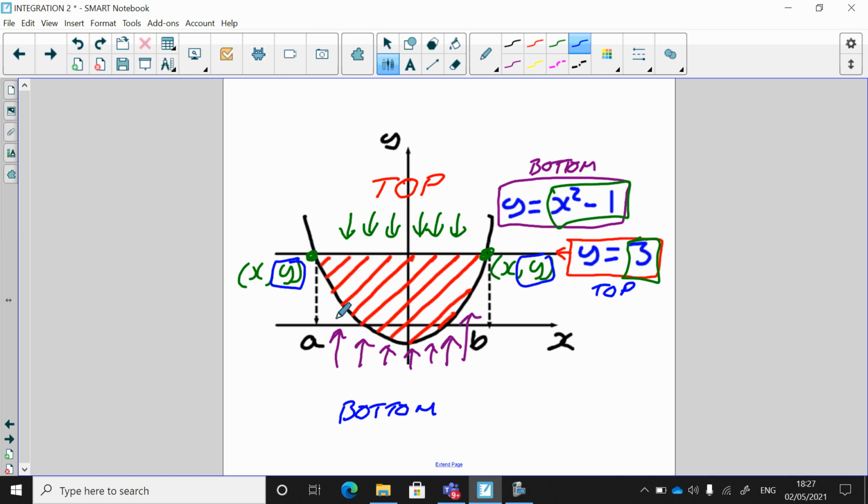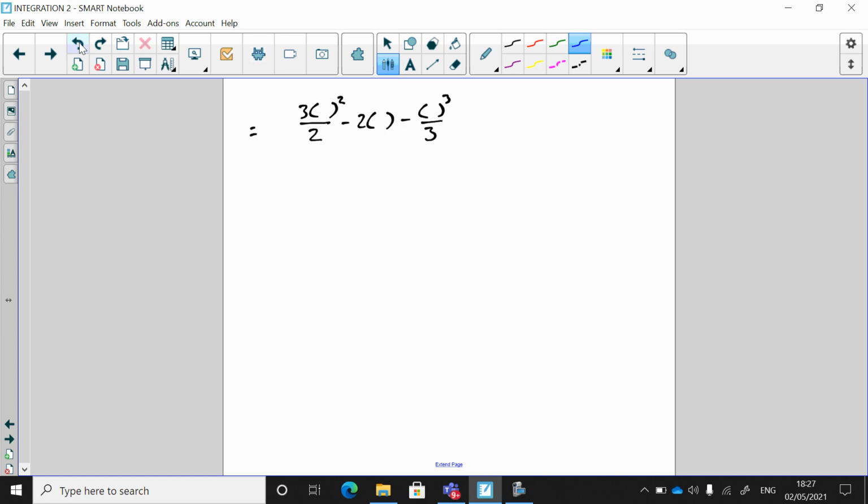That is why they are equal to each other, because the heights are the same. Too much going on here. So they are the same. That's why we're making x squared take away 1 equal to 3. Right. Oh, I've lost the plot here.